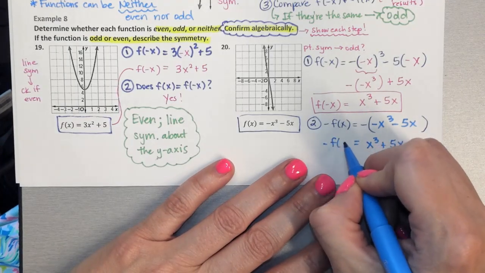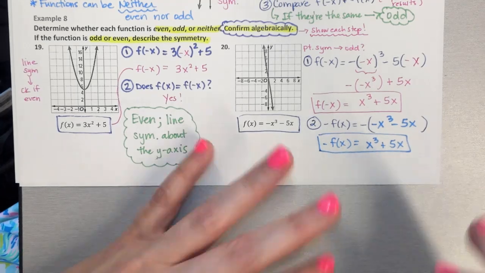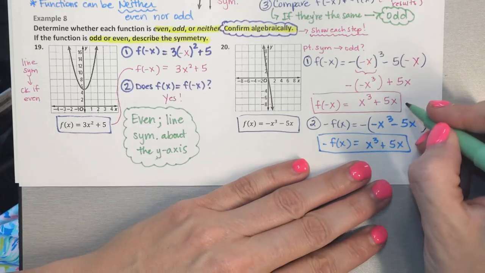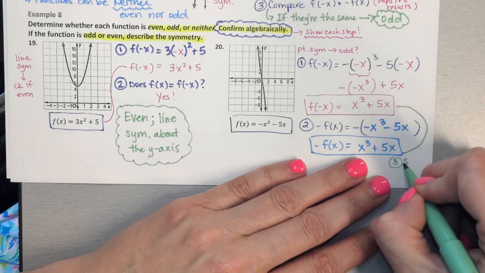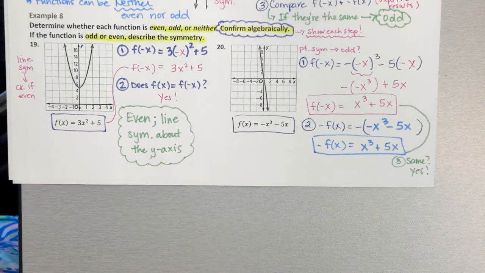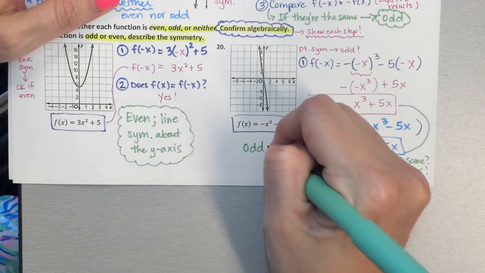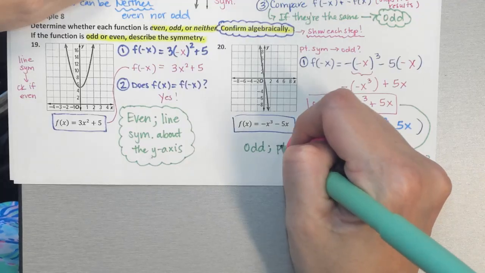And we are comparing steps 1 and 2. Okay, so 1 and 2, are those the same? Are these equal? Same? Yes. So then our answer is going to be that it's odd. Okay, and then we just have to say that this is point symmetry.